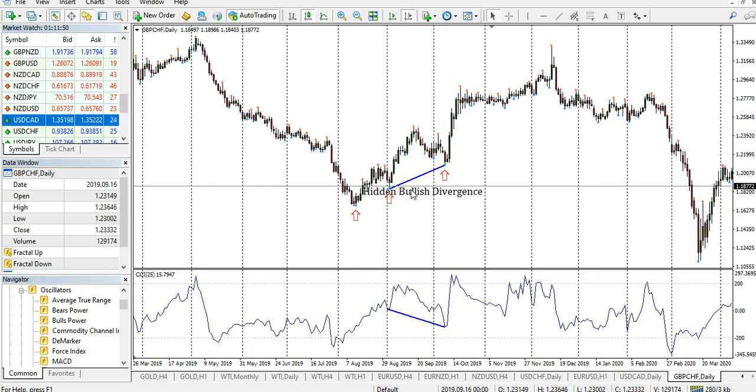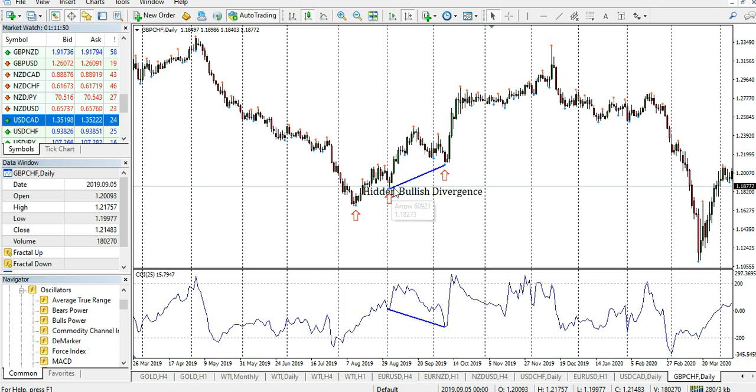Now, if you're looking to get into the market, but you want to get in at a low price, because remember, you're looking to buy. When you buy, you want to buy low. So you're thinking bullish. So what you do, and this is the key, is you compare lows, because once you're going bullish, you want to think buying low.